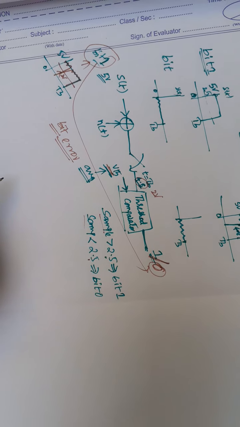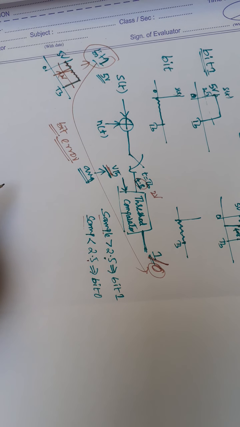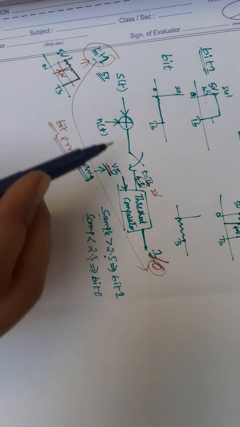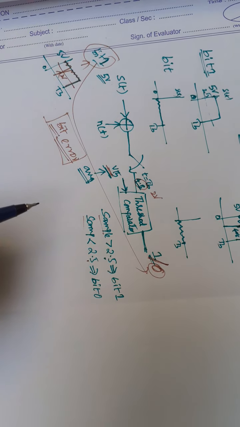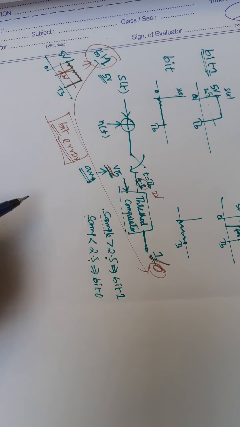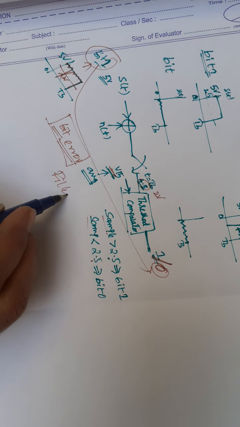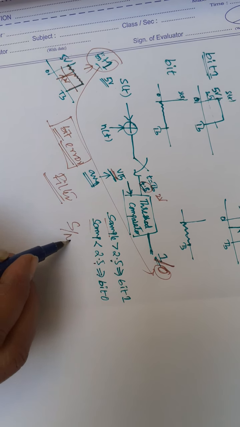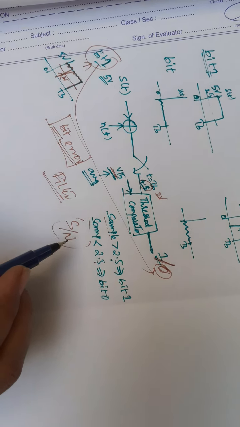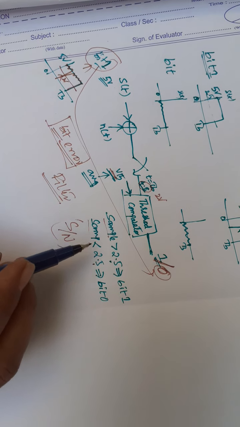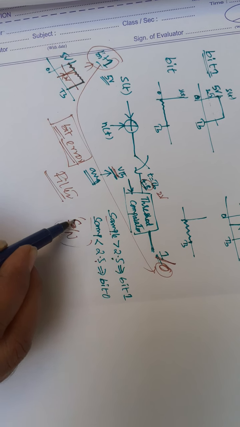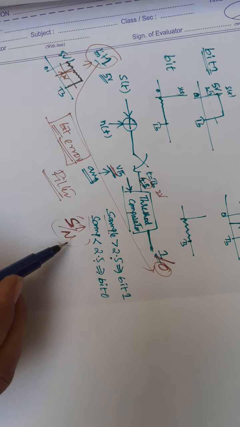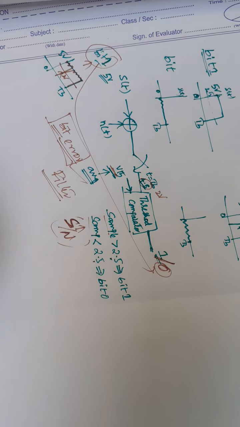In order to overcome these bit errors, we have to use filters. These filters are used to improve the signal to noise ratio, meaning the signal power is more compared to the noise power, so that we can reduce the bit error.